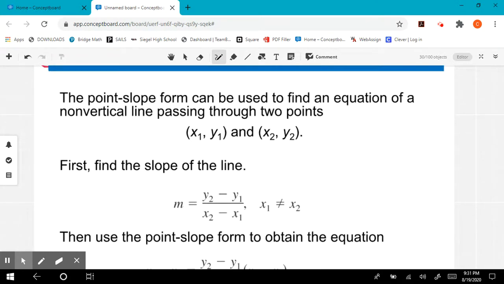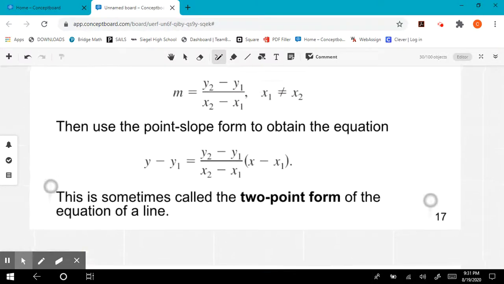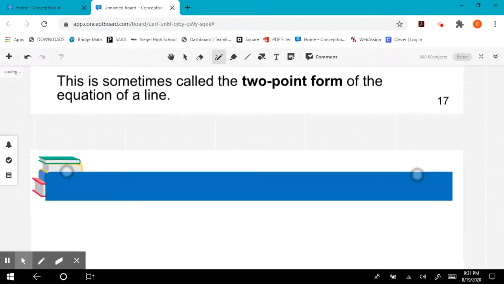Now, the second way we can use the point slope form is if they just give us 2 points. The book has a generalized formula here, but it really doesn't make a lot of sense, and I don't understand why they do this.